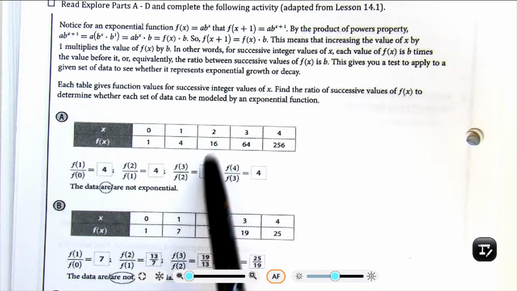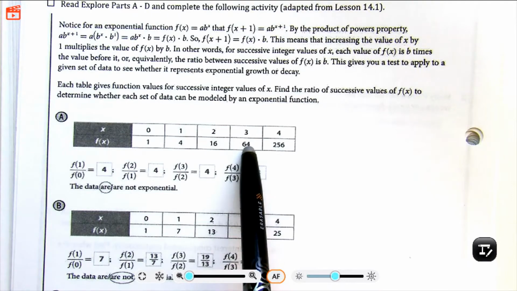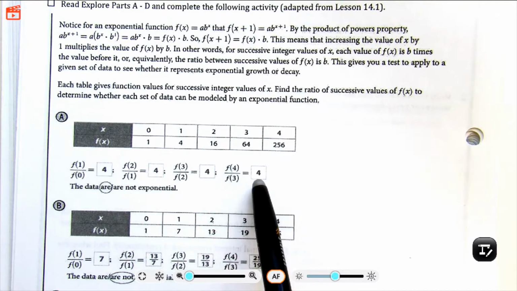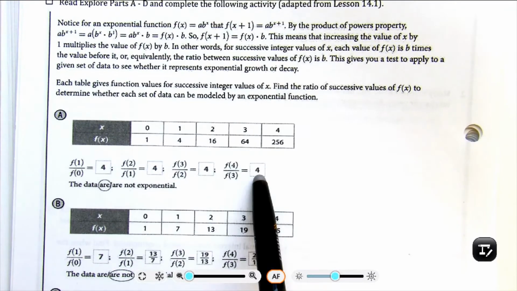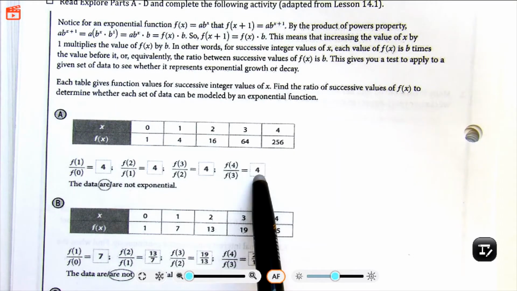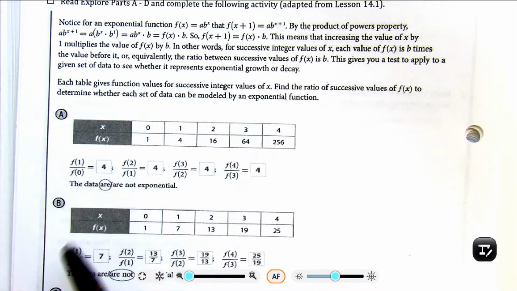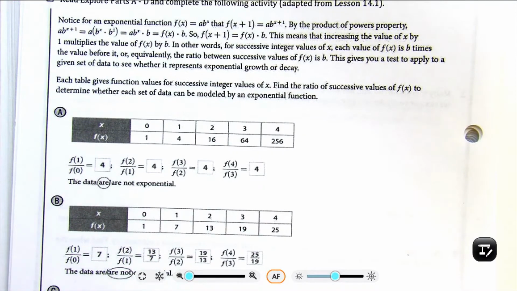And 256 divided by 64 is 4. So if all are equal to the same number, that's a good indication that this table is exponential. It creates an exponential graph.